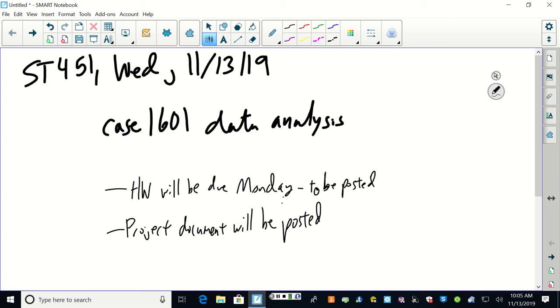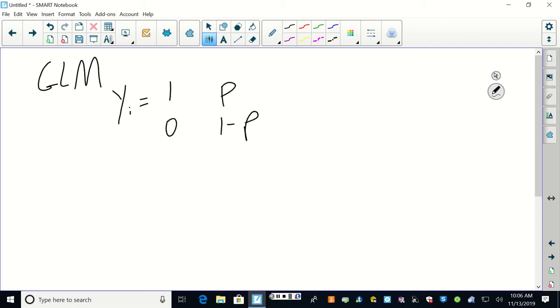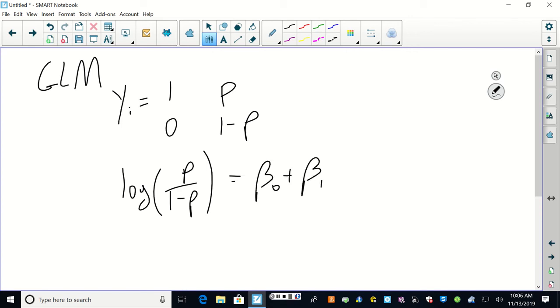What the generalized linear model is doing: the y variable is 1 or 0 with some probability. It looks at the logit of the probability and relates that to some coefficients.